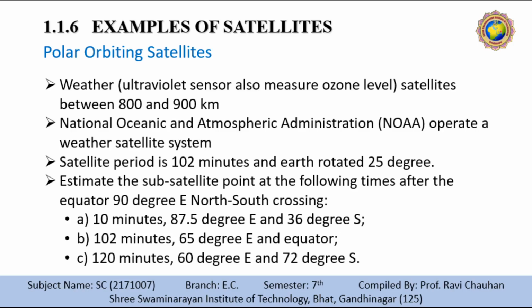It has a period of 102 minutes and the Earth rotates at 25 degrees. Estimate the subsatellite point at the following times after the equator crossing at 90 degrees east, north to south. First, 10 minutes: 87.5 degrees east and 36 degrees south. At 102 minutes: 65 degrees east and the equator. At 120 minutes: 60 degrees east and 72 degrees south.